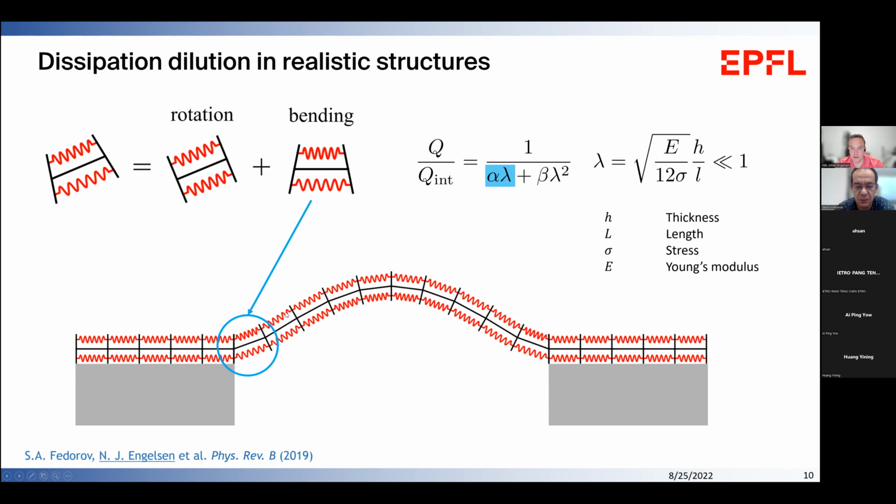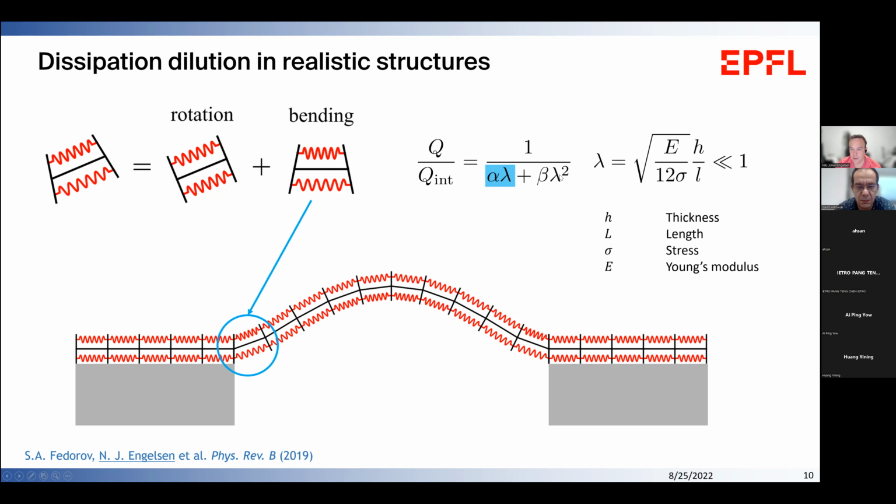If you take these two parts and integrate over their spatial extent to find the so-called bending energy, which is proportional to the curvature of the mode shape, you get these two contributions in the dilution factor. The first one is this alpha lambda factor, which comes from the boundary area.